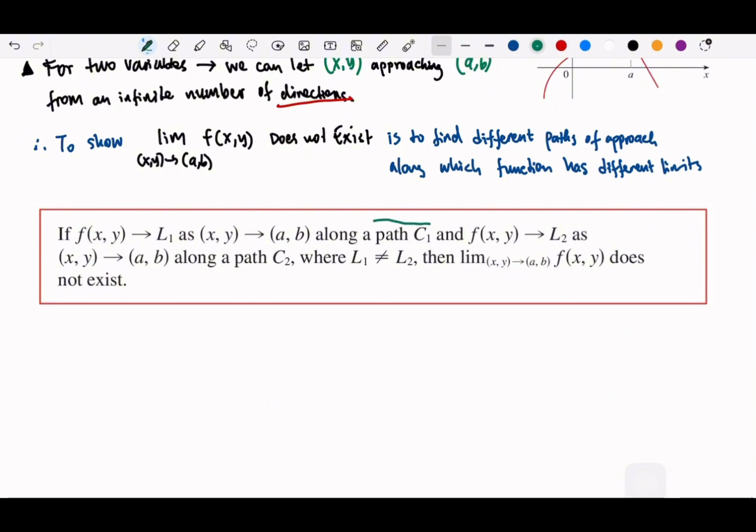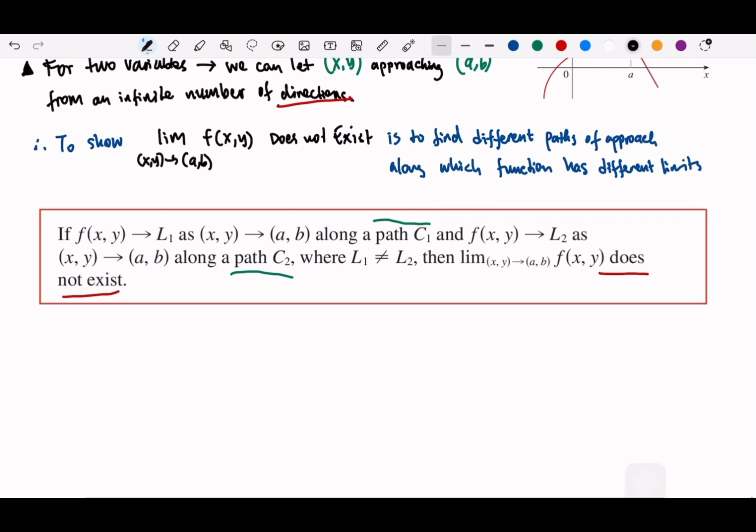And then under another condition, f approaches L2 along another path C2. When the value is different, L1 is not equal to L2, then the limit does not exist.